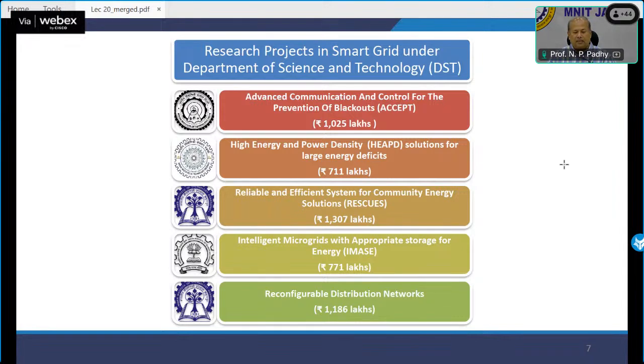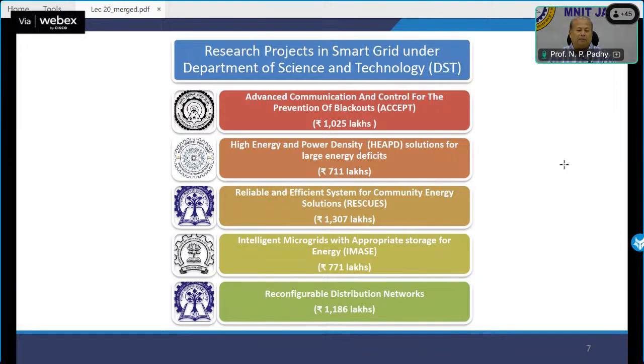And as you could see, one is advanced communication and control for prevention of blackouts. The proposal name is ACCEPT. Then high energy and power density solutions for large energy deficit, reliable and efficient systems for community energy solutions, RESCUES, and intelligent microgrids with appropriate storage for energy, that is IMAS, reconfigurable distribution network.